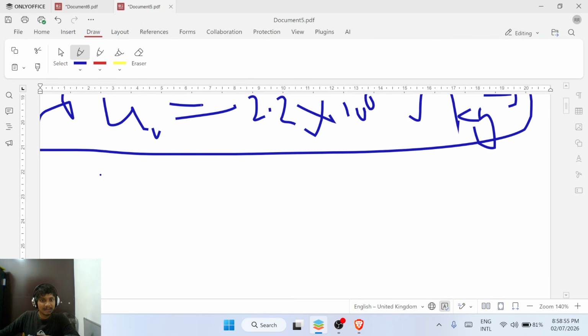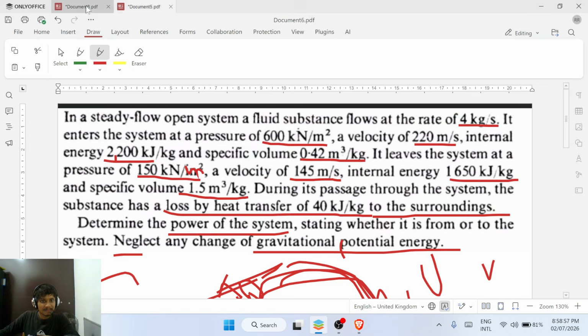Here we will not use capital V. If the volume were 0.42 meter cube, we would use capital V. But here the specific volume is meter cube per kilogram, 1 kilogram is 0.42 meter cube. Therefore, we will use small v here.